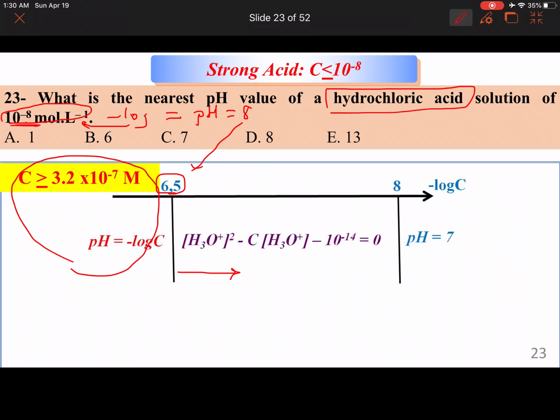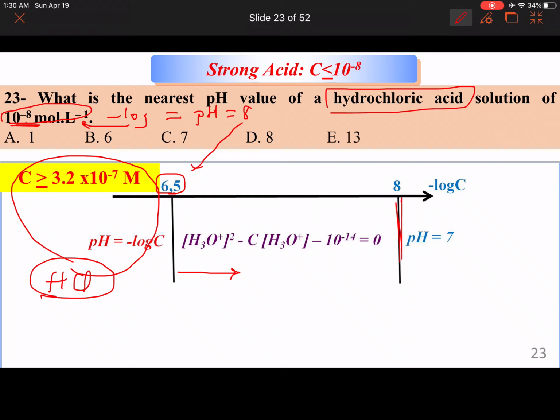And when the concentration of the acid is a little bit dilute, less than 3.2 times 10 to the minus 7, then this is only acid, is in this side that I can neglect water. But in all other cases, I have to consider water.